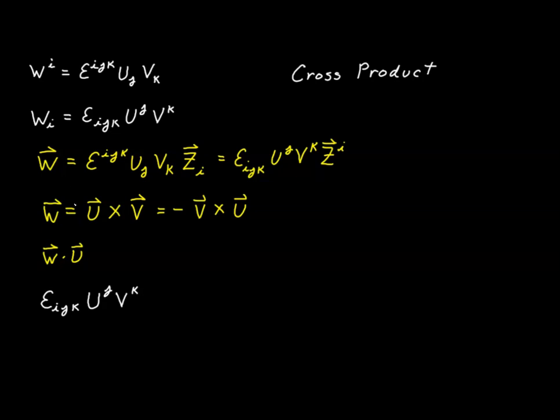Now, in tensor calculus, if we're going to form a dot product, we have to form a contraction between the two components, one covariant, one contravariant. So to form the dot product with this expression, we have to add a factor of u with the i index so that we have a contraction of i here. And now we have a fully contracted expression, which is the dot product.